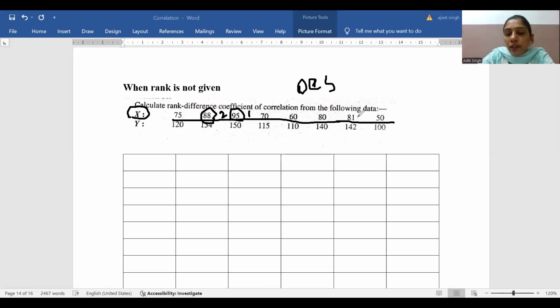After that 81 is rank 3, and likewise we assign ranks in this way.